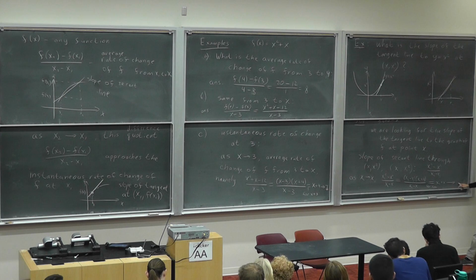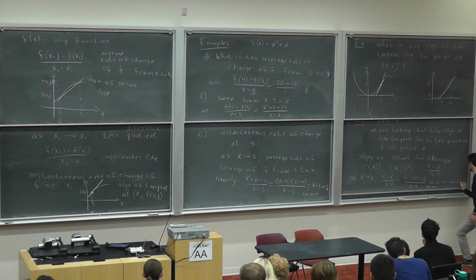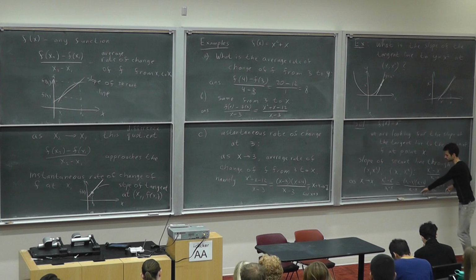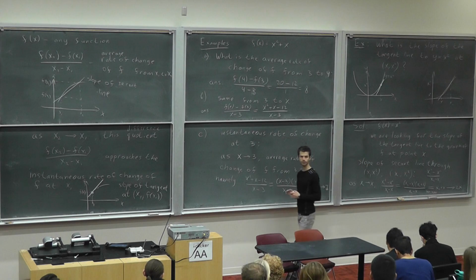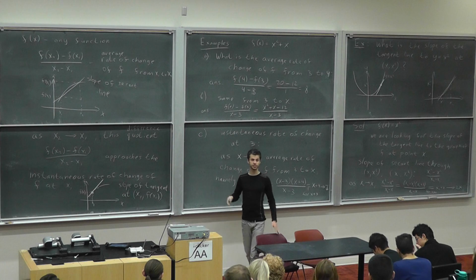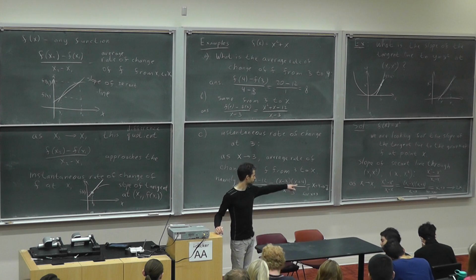What is it? x2 is going to be close to x, so x2 plus x is going to be close to x plus x, which is 2x. And that's the answer. So as we expected, the answer is going to depend on x. Here it is, 2x.